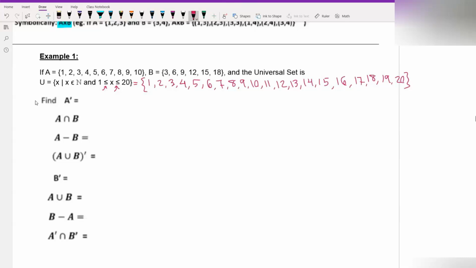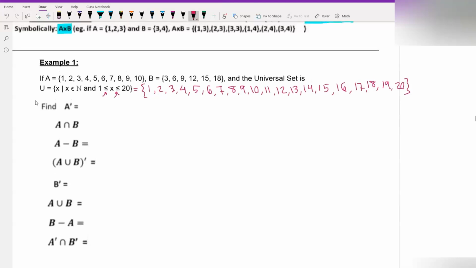The first one is asking to find the complement of A. The complement of A should have all members that are inside the universal set except those members that are in A. What we have in A are 1, 2, 3, 4, 5, 6, 7, 8, 9, 10. We shouldn't have those numbers.